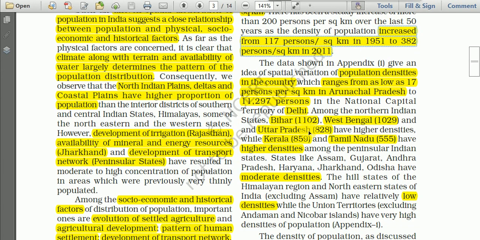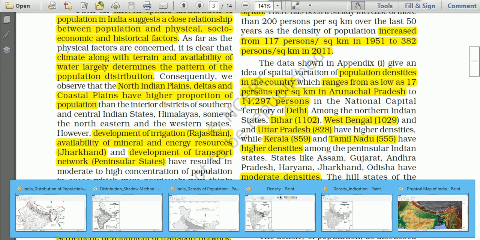About the density of population, see here, the population density in the country ranges from as low as 17 persons per square kilometer in Arunachal Pradesh to 11,297 persons in the National Capital Territory of Delhi.